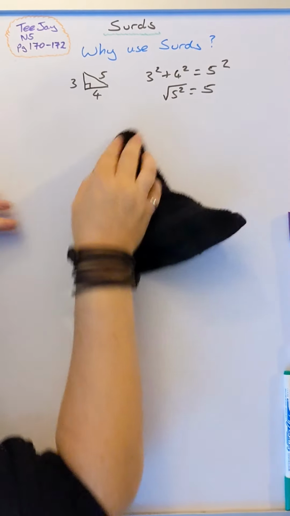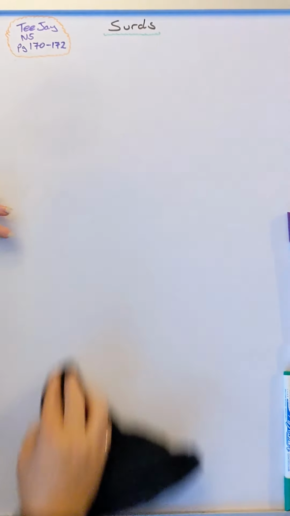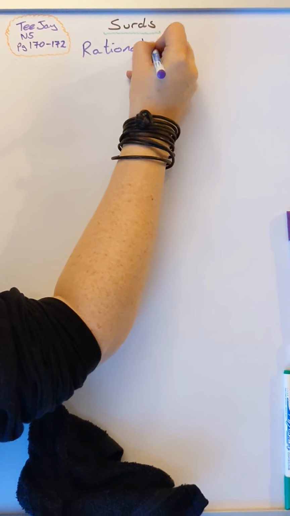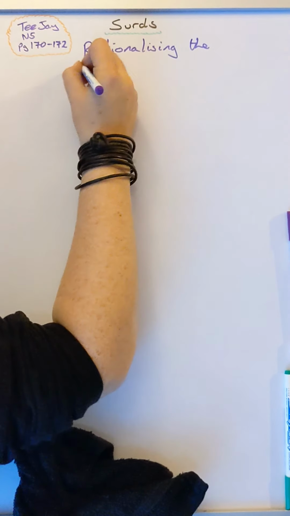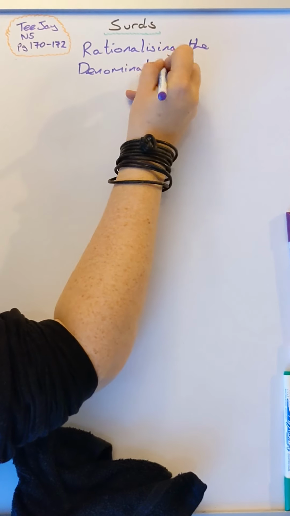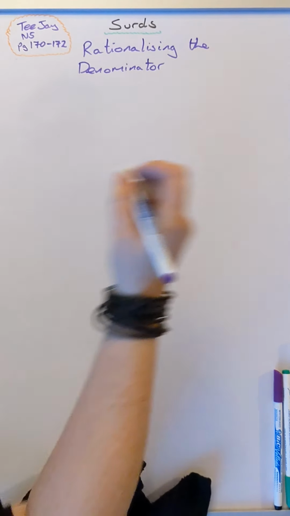So today we're going to be looking at rationalising the denominator. Now that's a lot of words with a lot of scary thought involved, but it's not actually a hard thing to do.